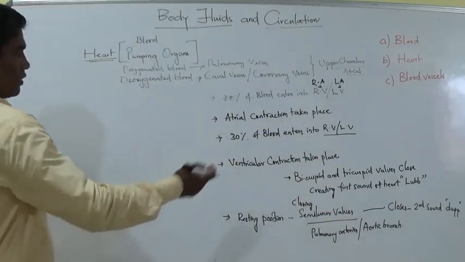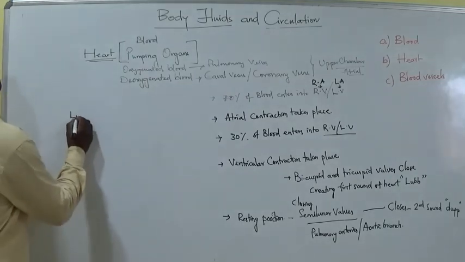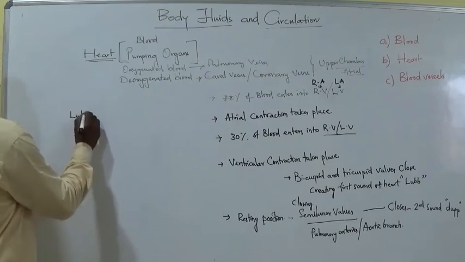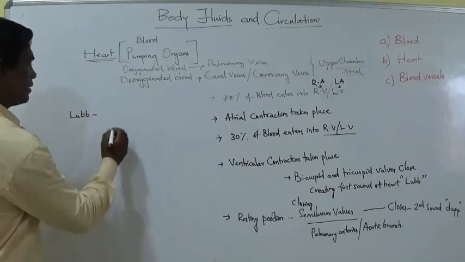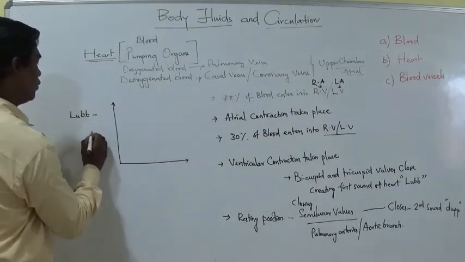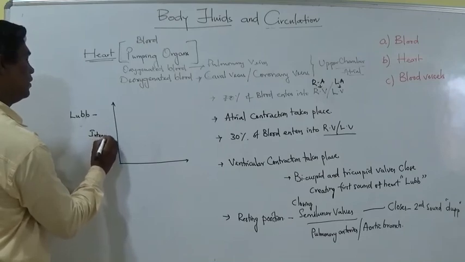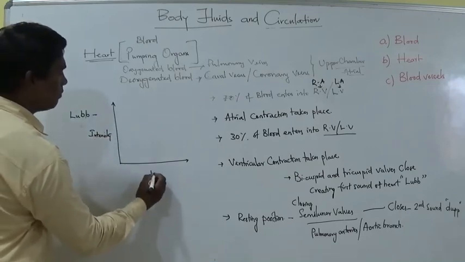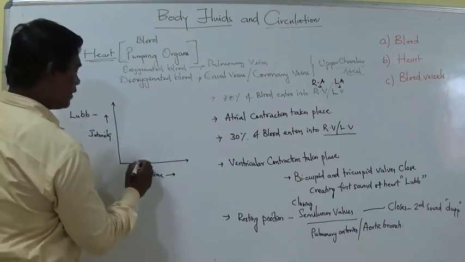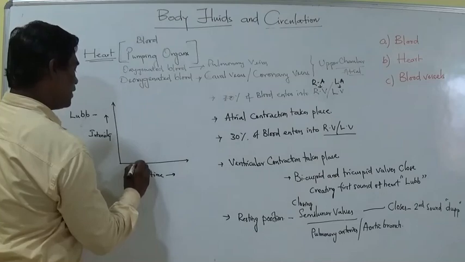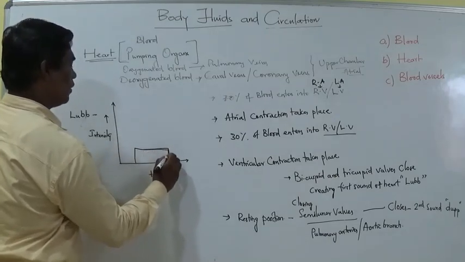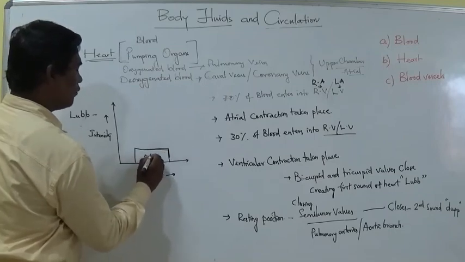Here, lub has less intensity, and if you go with intensity and time period, you can see that the intensity of the lub sound is less, but the time period is more, around 0.15 seconds.